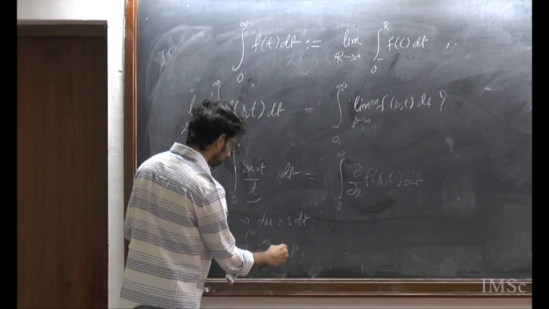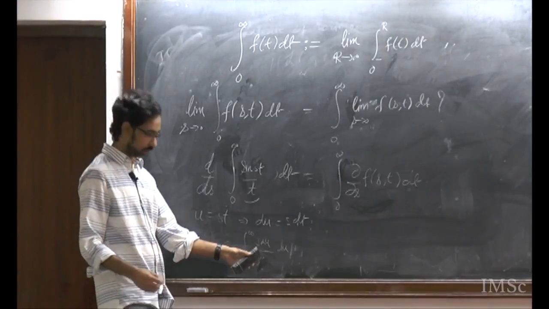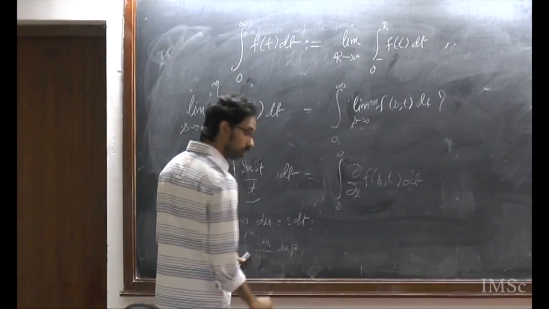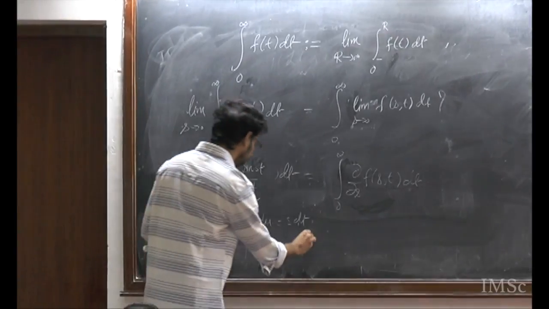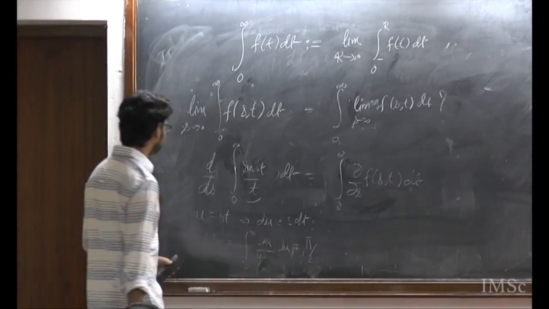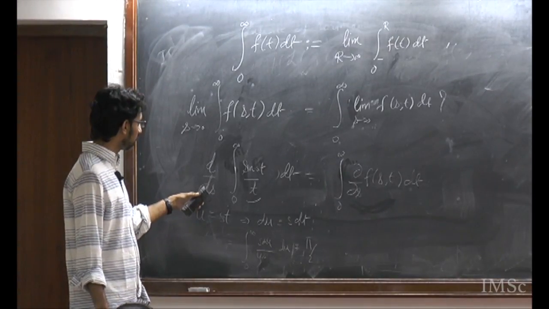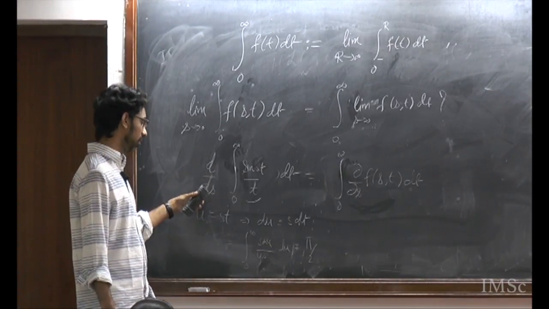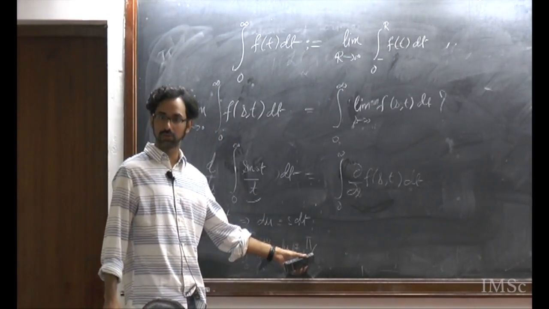So s goes away, and this is actually a finite integral. What is the value? Pi by 2, exactly. So when you're differentiating outside this integral, you are differentiating a constant function, so you should get 0.